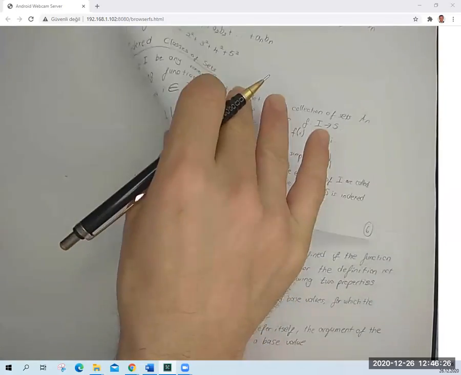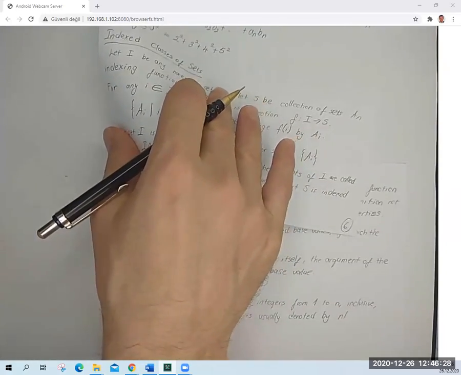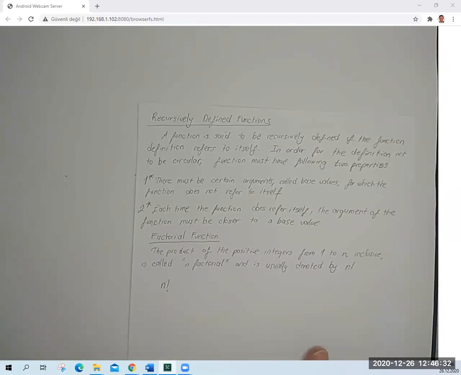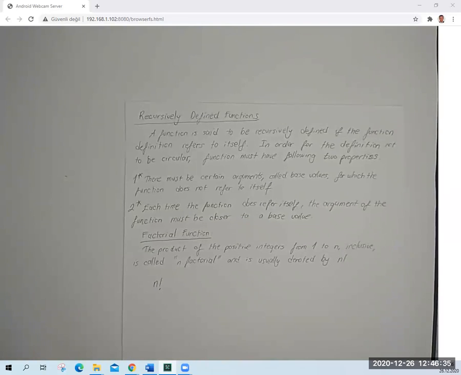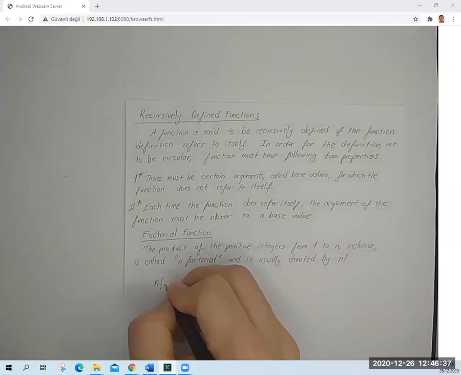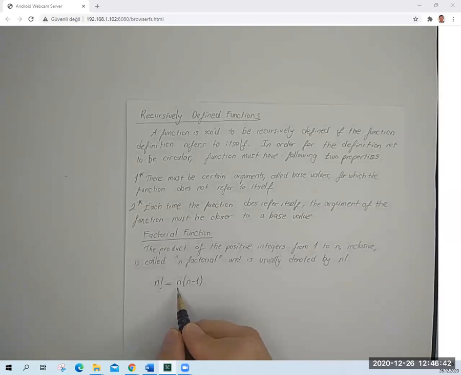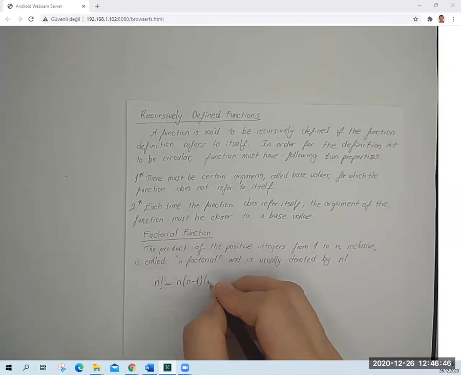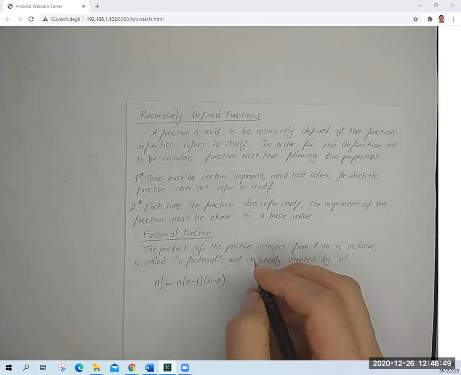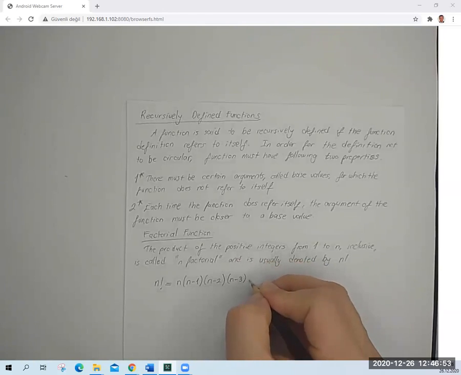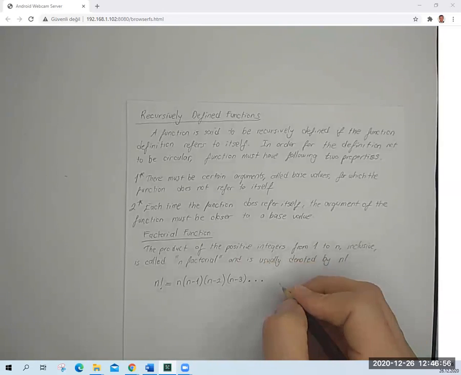So n factorial is equal to n times n minus 1, it refers to itself again, times n minus 2 times n minus 3 and so on, down to 3, 2 and 1.